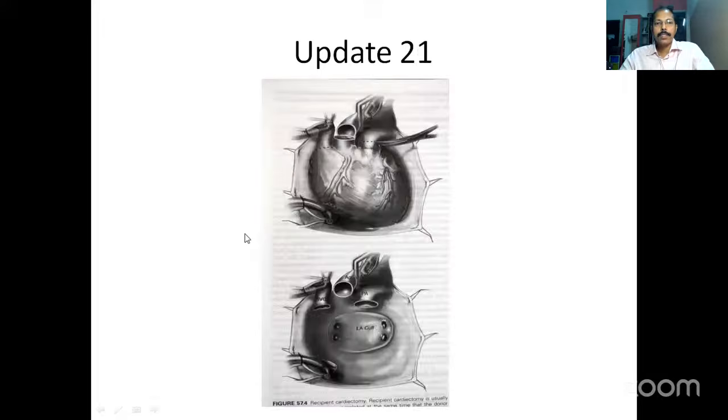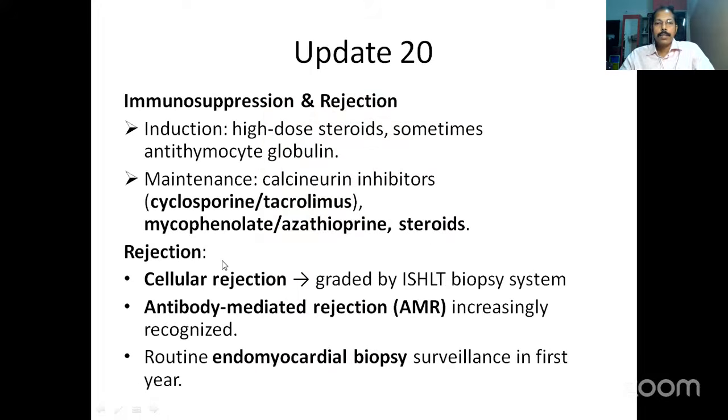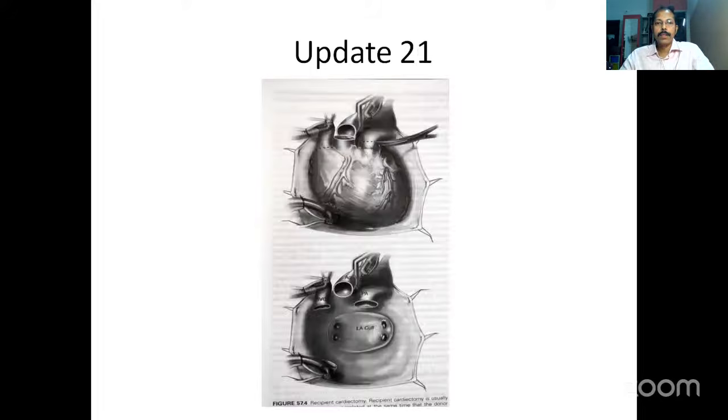And coming to the rejection, it may be cellular rejection or antibody mediated rejection. And this we can identify by doing endomyocardial biopsy in the first year. Recently I can see many image-based questions being asked in your examination.